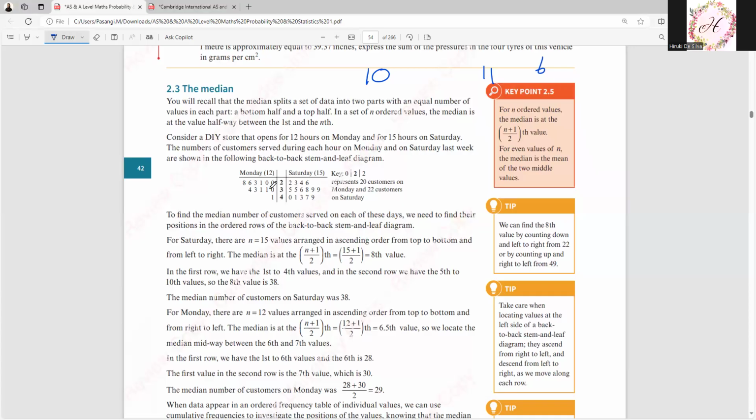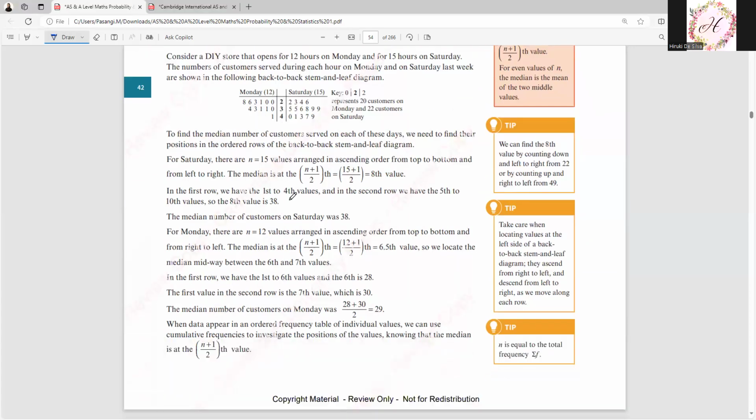We already did the stem and leaf diagram. To find the median number of customers served on each of these days, we need to find their positions in the ordered rows of the back-to-back stem and leaf diagram.